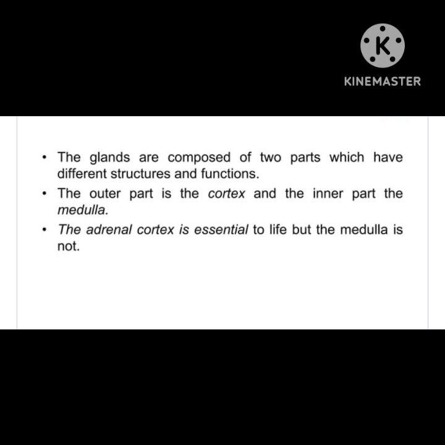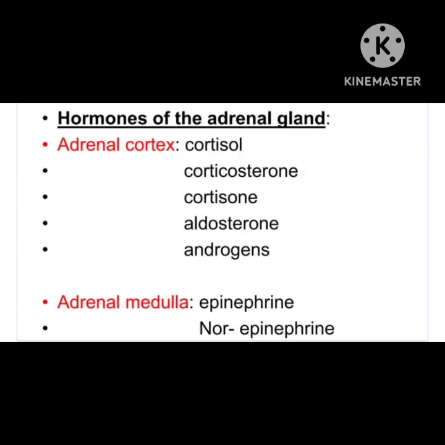The glands are composed of two parts which have different structures and functions. Outer part is cortex, inner is medulla. Adrenal cortex is essential to life, but the medulla is not. So next is hormones of adrenal glands.